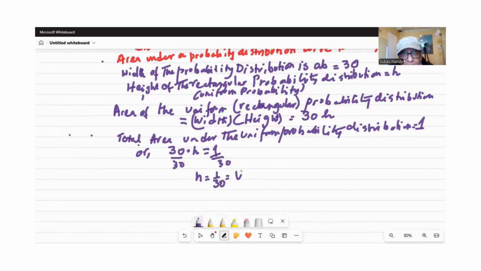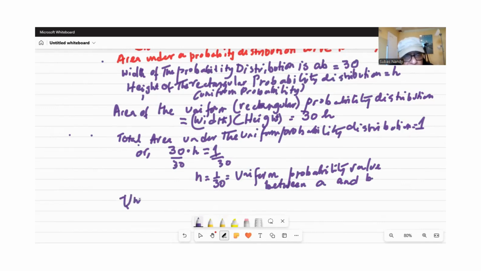It is the uniform probability value for all points between A and B. Hence, this is called a uniform probability distribution.